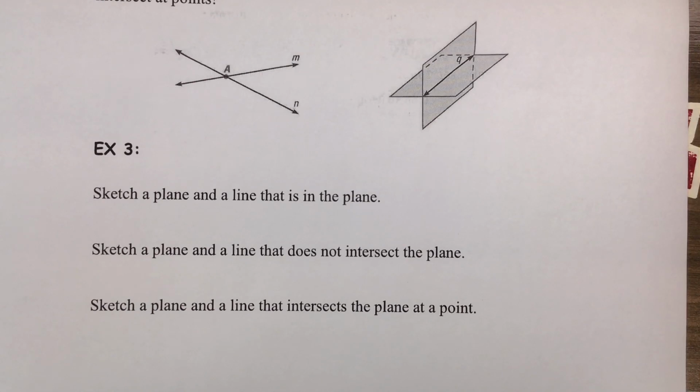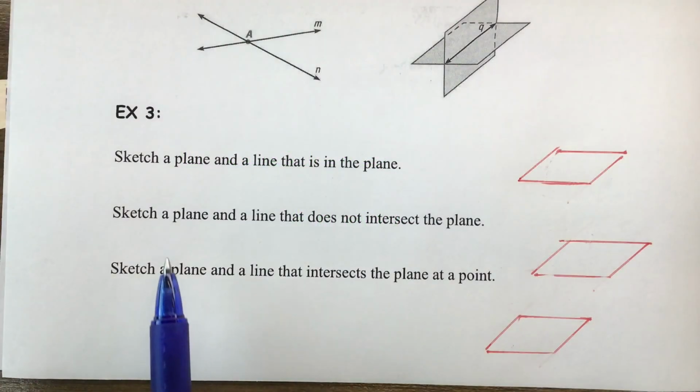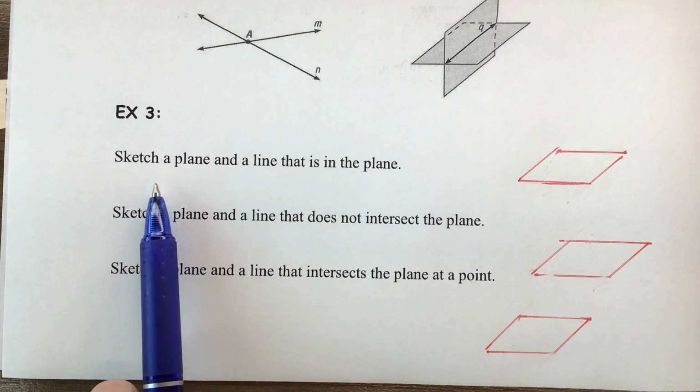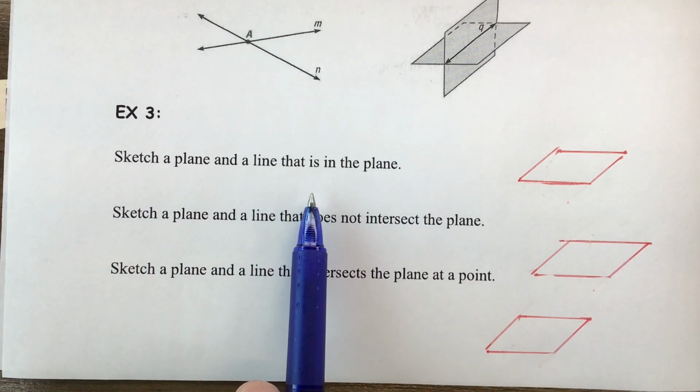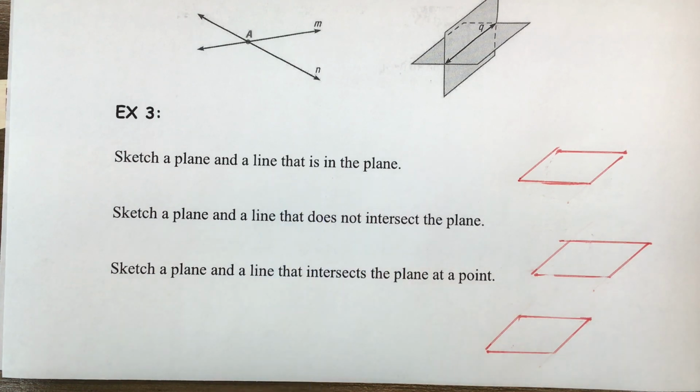All right, example number 3. What we're going to attempt to do here is sketch some pictures of planes and lines as they fit these descriptions. So the first says that we're going to sketch a plane, already done, and a line that is in the plane. What that means, to say that it is in the plane, is that every single point that would be on that line is also part of the plane.